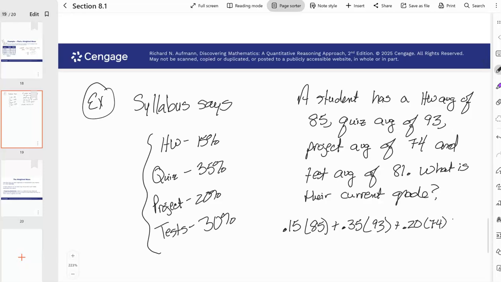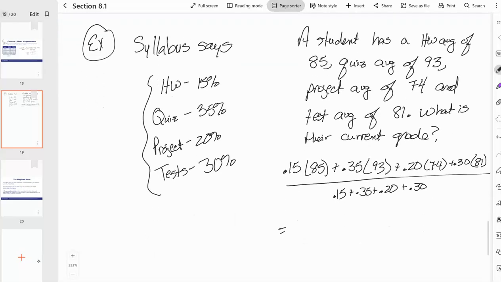And tests are 30%, and their test average is 81. So there's my setup, and I'm going to divide by the total weights. These are the weights. So if I take 0.15 plus 0.35 plus 0.2 plus 0.3, there's my denominator. So when I add this up in the bottom, it's going to be 1 because this adds up to 100%.